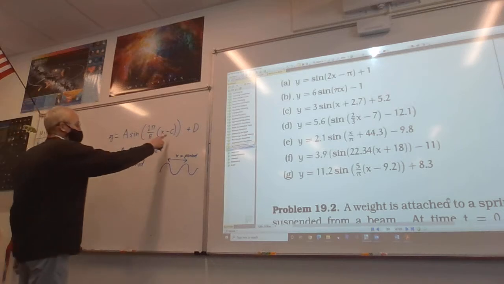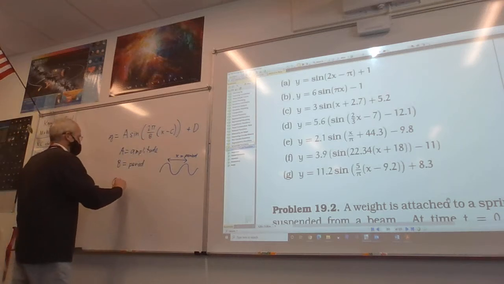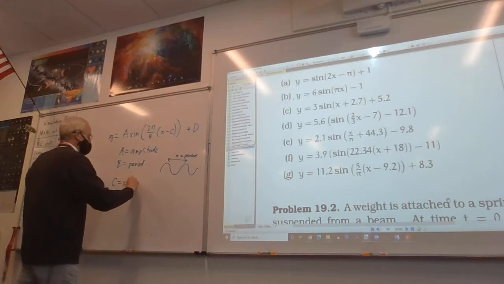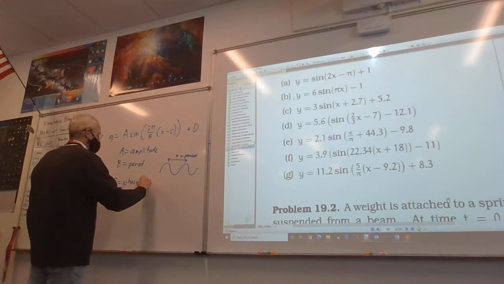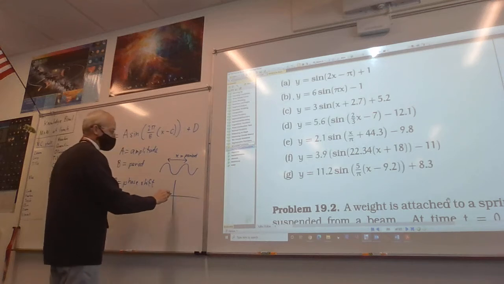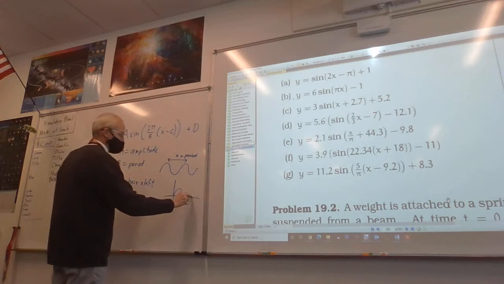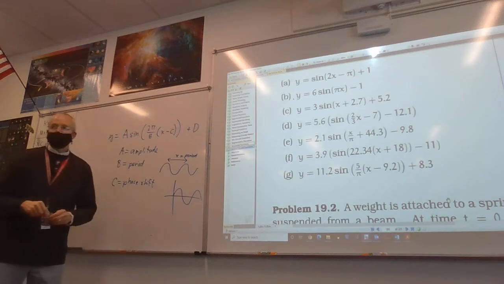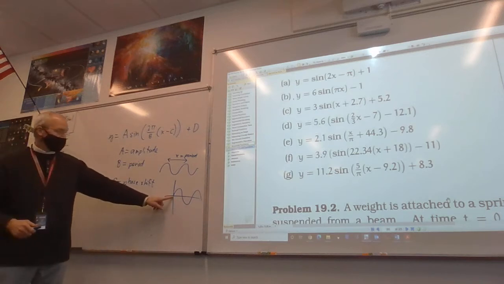Then C is the phase shift. That is how far the wave is from a normal sine wave, which starts here. But maybe we don't want to start here and go up. Maybe our wave starts right here.